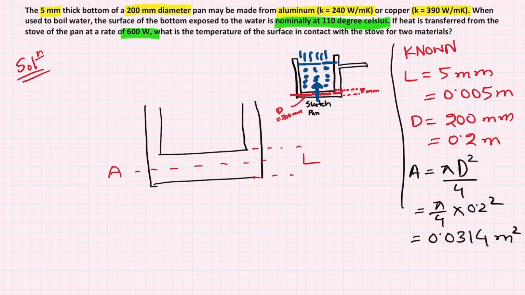The question says the surface of the bottom is exposed to the water, so we know water was here somewhere, and that means the question is talking about this particular surface that I just marked with a red arrow. The problem also tells us the temperature of this surface, which is nominally 110 degrees Celsius. So this surface has a temperature of 110 degrees Celsius. Now the question is, what's the temperature of the surface that is in contact with the stove?